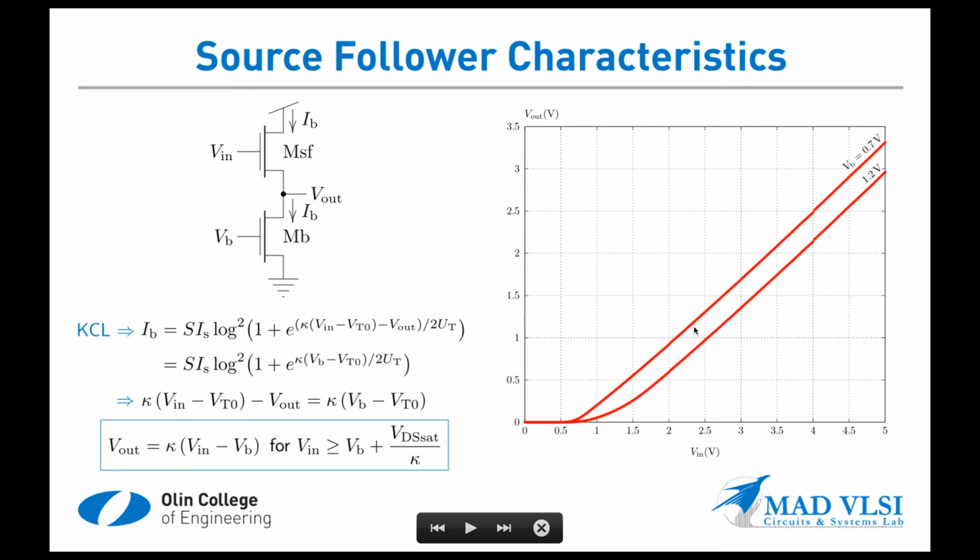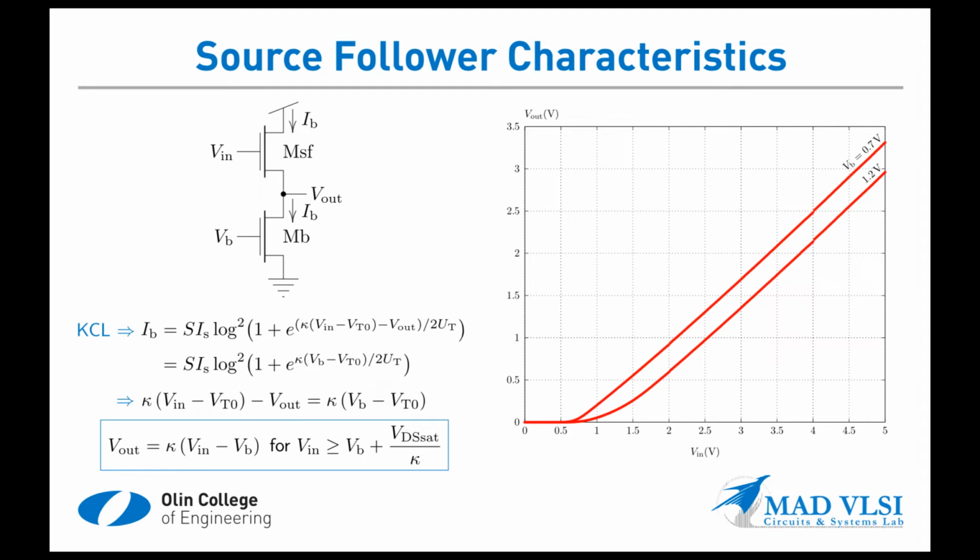And actually you can extract some additional device parameters that are used in more sophisticated models for the MOS transistor, like more sophisticated versions of the EKV model that you would find in SPICE, than we are using for hand analysis here, where we assume typically a constant value of kappa. But so that's the source follower characteristic.